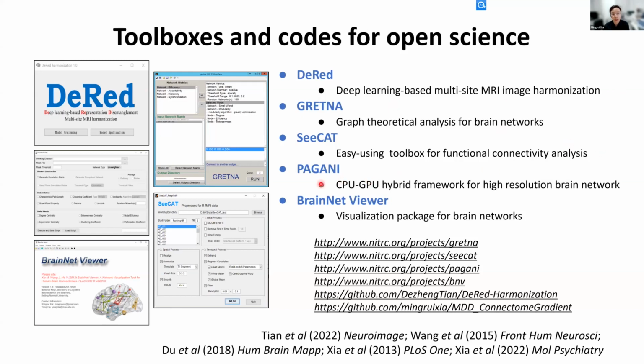PANDA is a CPU-GPU hybrid framework for high-resolution brain network analysis. It can deal with large networks having over 1 million nodes. We also have the visualization toolbox BrainNet Viewer and some other codes. All these toolboxes and codes are freely available for researchers to conduct imaging studies.